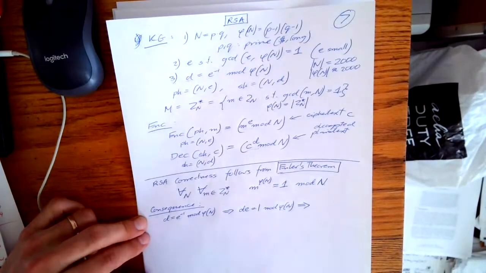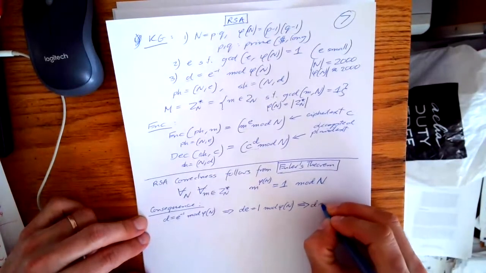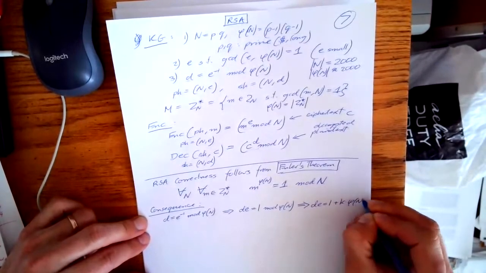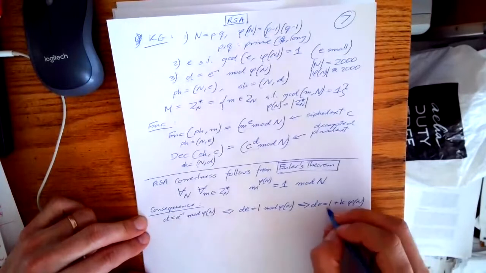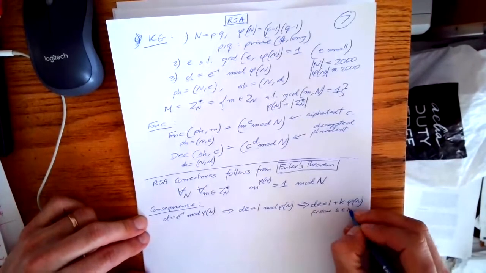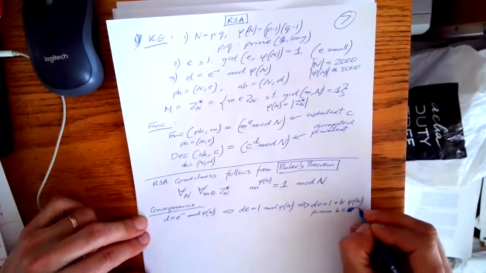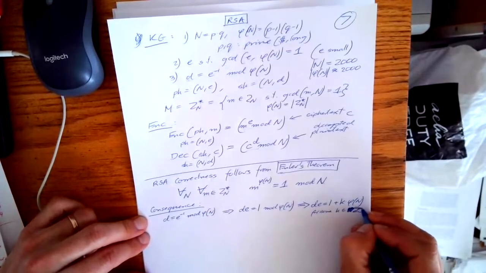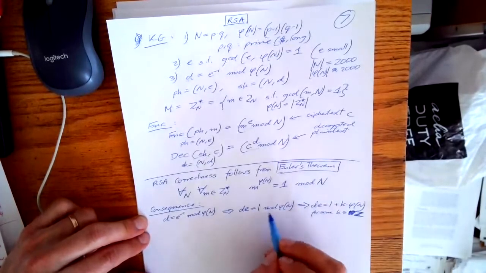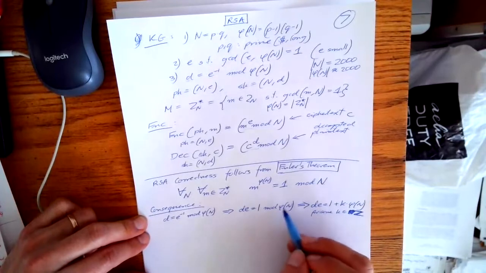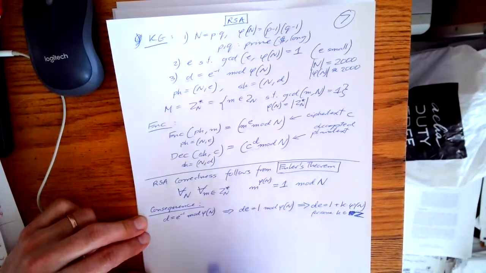DE is 1 plus some multiple of phi of n, for some integer k. Well, that's what it means, right? That DE is 1 modulo phi of n. So some number of phi of n's plus 1 gives me DE.